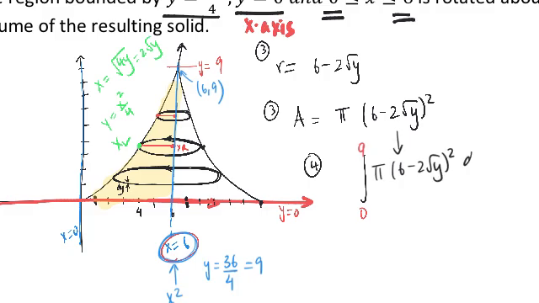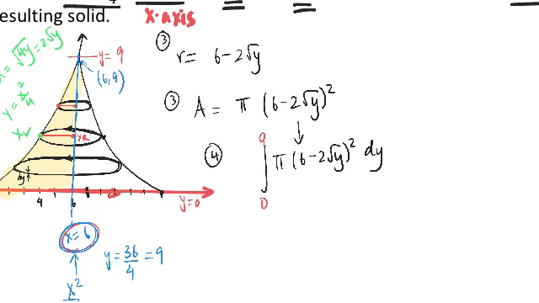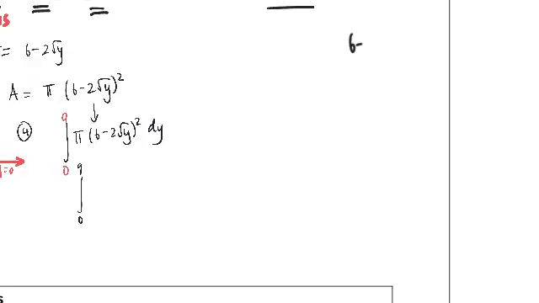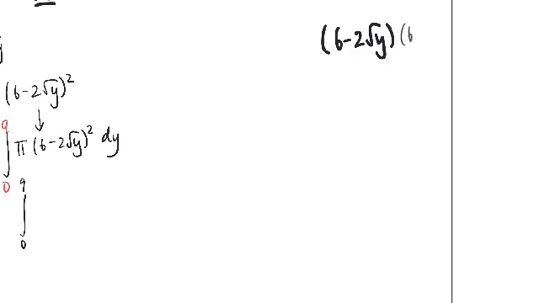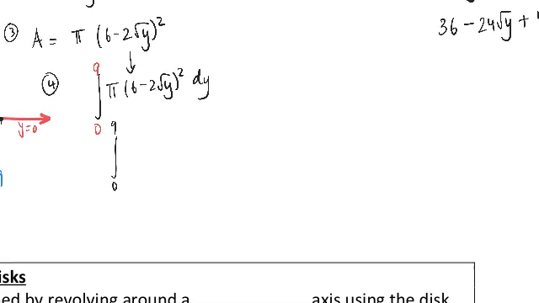Remember, please remember not to just distribute the 2 because it doesn't get distributed. So we'll go off here to just make sure we know that 6 minus 2 rad y times 6 minus 2 rad y is 36 minus 24 rad y plus 4y. So that's my integrand.